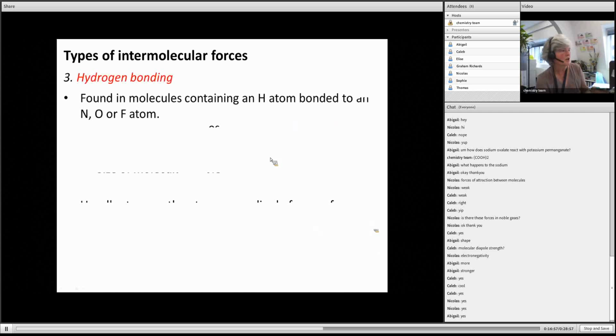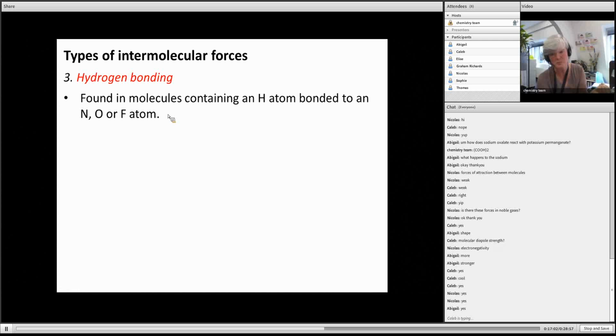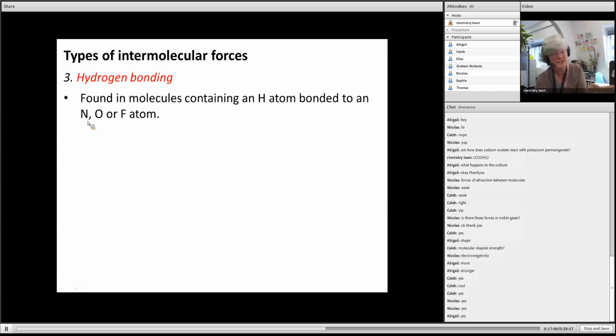Okay, so hydrogen bonding is like the extreme end of permanent dipole force of attraction, and we give it its own category really. You only find it in N, O, and F. A common question is, why isn't chlorine there? Because if I look up at the tables, chlorine and nitrogen have the same electronegativity. It's because the nitrogen is smaller than the chlorine.